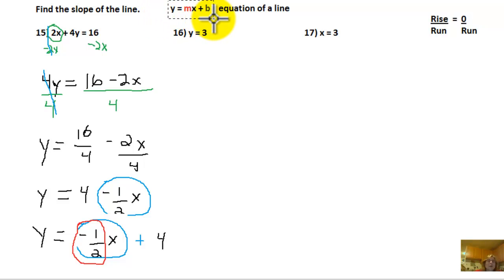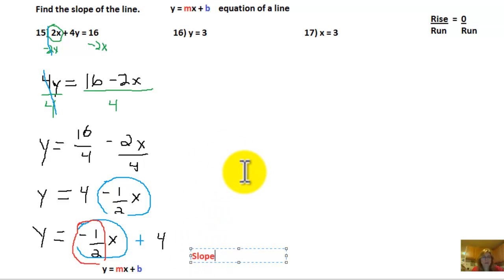So I can move this down there. And what we have now is the y and the m and the x plus the b. So our slope is negative 1/2 for the first equation. I guess I should type that in there. Slope equals -1/2.